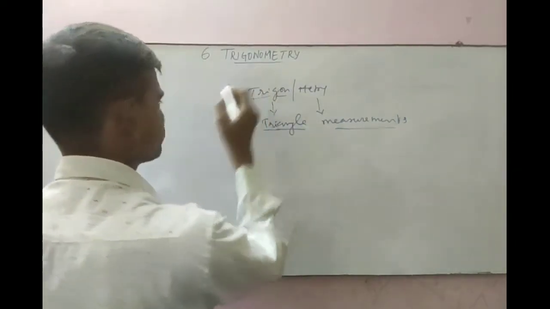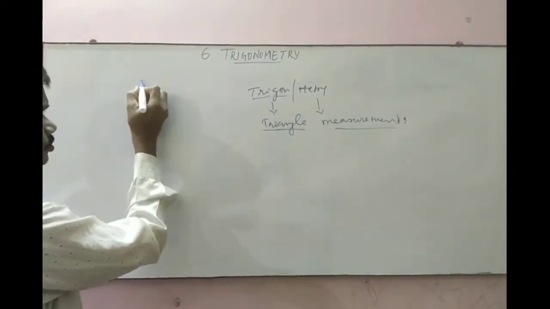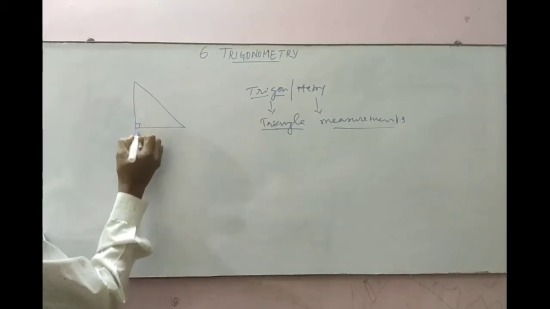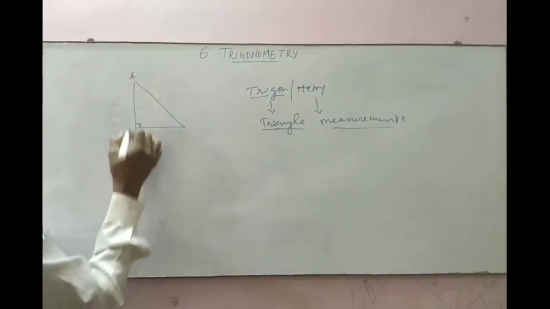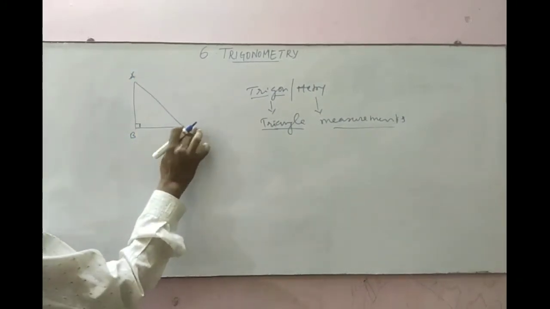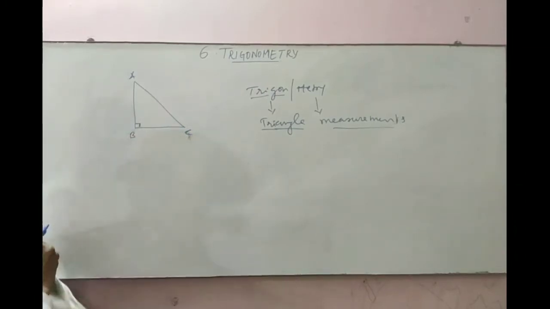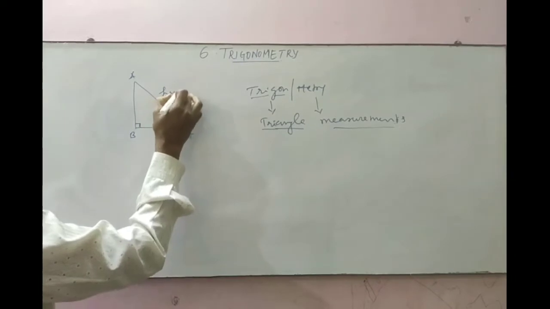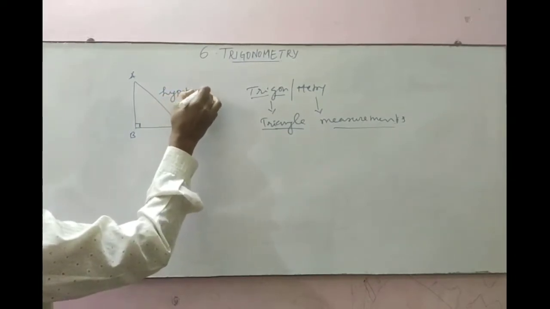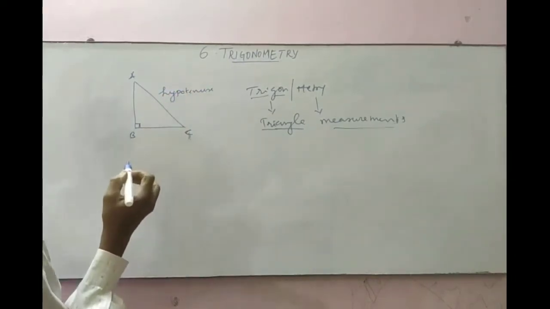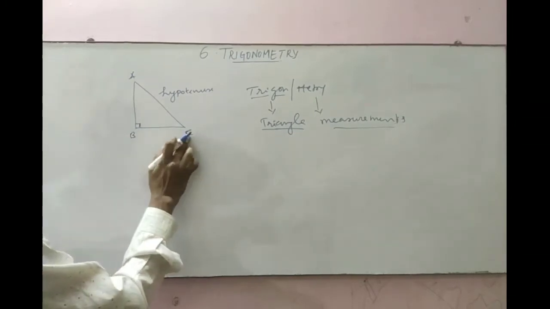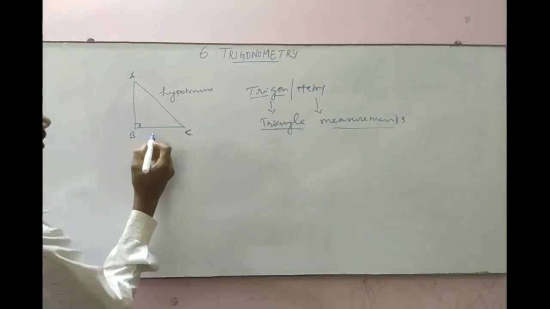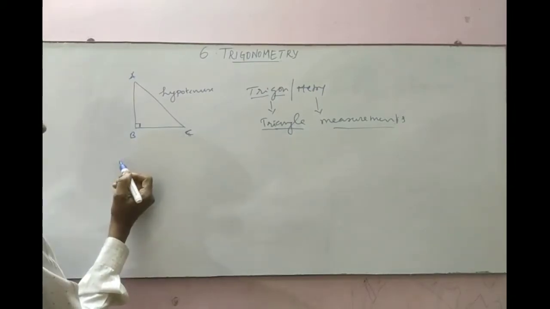In trigonometry, we mostly use a right angle triangle. In a right angle triangle ABC, angle C is 90 degree. Then this side is called the hypotenuse side, which is the longest side of the right angle triangle. The other two sides are called opposite side and adjacent side.